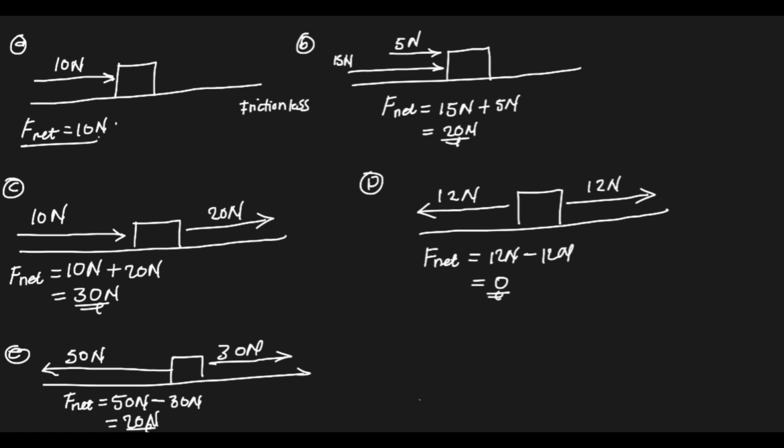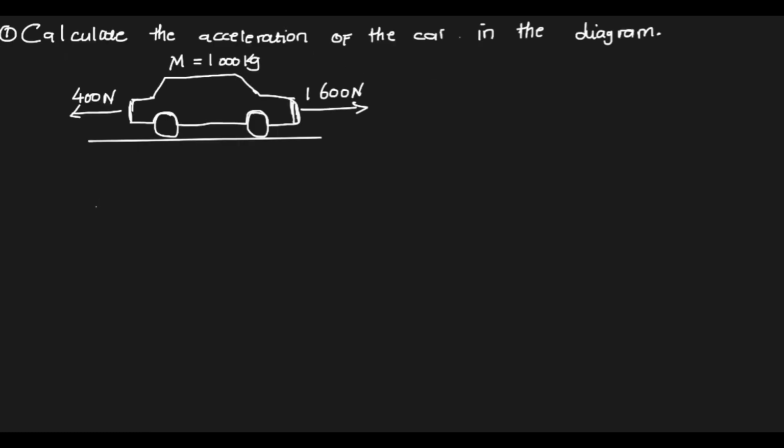Now let's have the example that involves now the mass, the acceleration, and the net force. Okay, so now the first example, we have a car, and this car, we can see that we have two forces. One force has a value of 1600 newtons, and the other force has a value of 400 newtons.